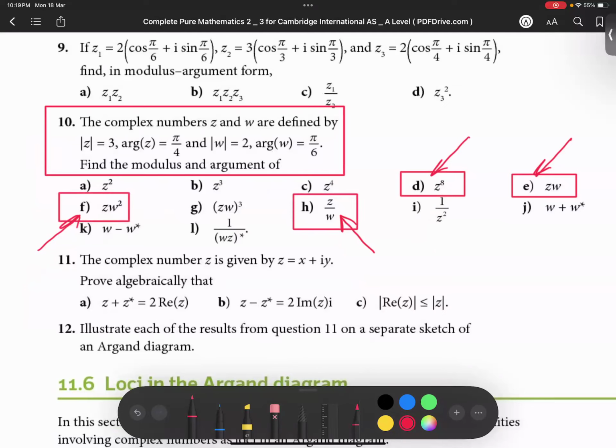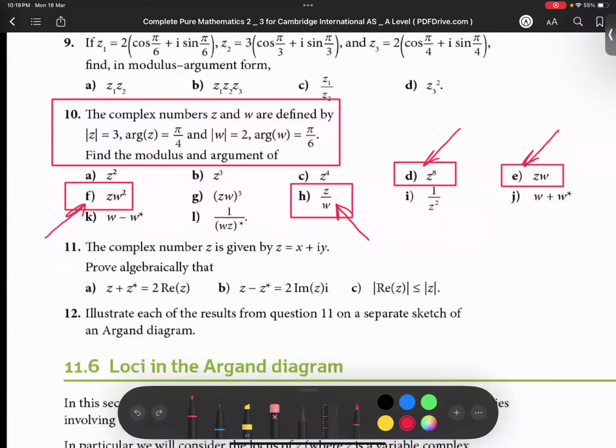Luckily, there are 2 complex numbers given. One is complex number Z, one is complex number W. When you think about Z power 8, I will concentrate on this only. And when you talk about Z and W together, you know very well what to do, and the formulas are very clear.